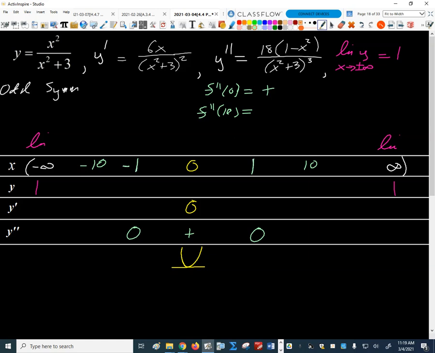Everybody? I'm getting lots of negatives. I agree. I end up getting negative over positive is negative. And so sure enough, this has to be an inflection point, doesn't it?